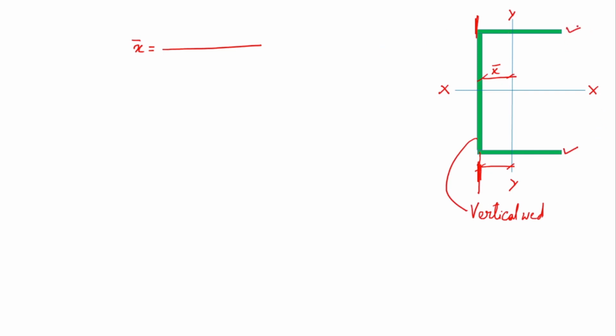The area of the horizontal weld for the top is 140 into 4.2. This dimension is 140 in this case. For this horizontal portion of the weld, its own yy axis will be here, at a distance of 70 from its extreme edges. This y dash is the yy axis only for that horizontal part.